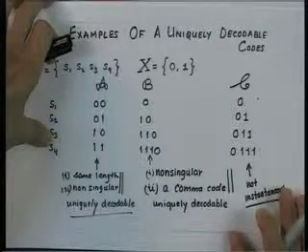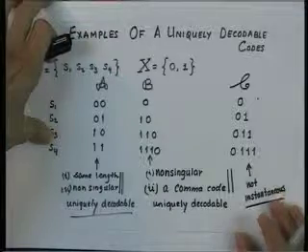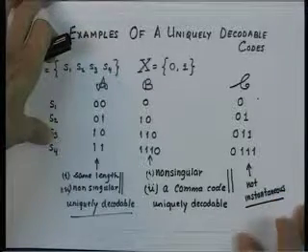So let us try to define what is an instantaneous code.